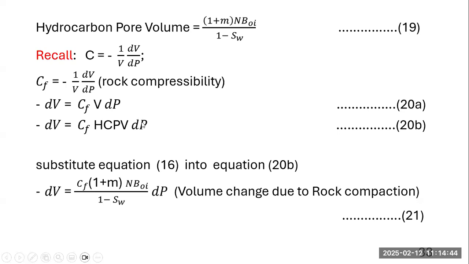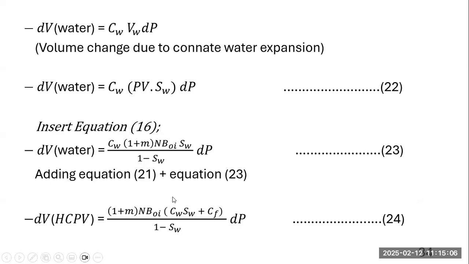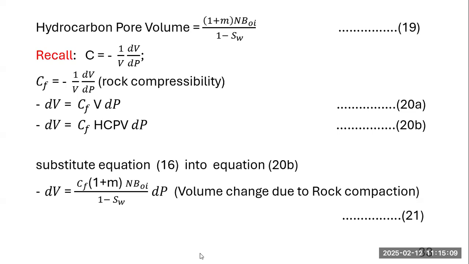We have been able to come up with this hydrocarbon pore volume, HCPV. This is your CF and this is your dP, the same dP you have here. So I hope you understand. This is the volume change, your minus dV, due to rock compaction.